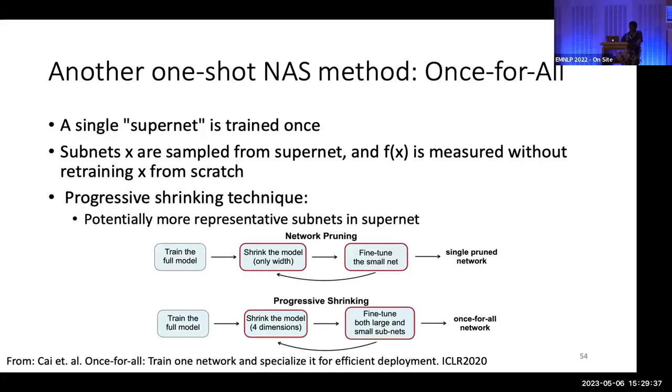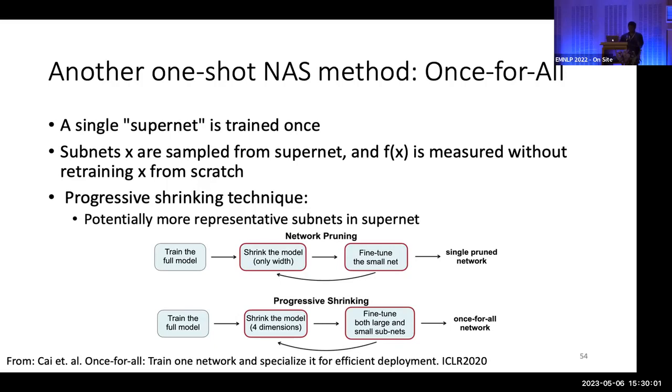All right, so now I'll talk a little bit about a slightly different method. And this is called a supernet or once-for-all method. The idea is similar, but the difference is that this kind of method assumes you have a humongous super network that you train once.